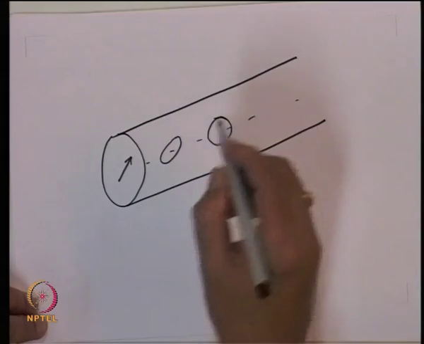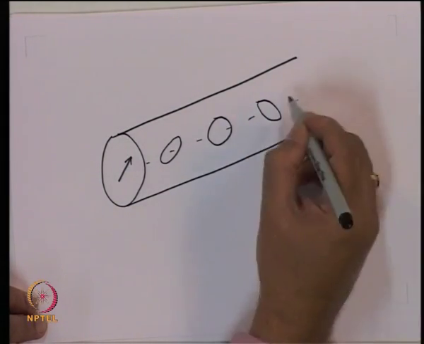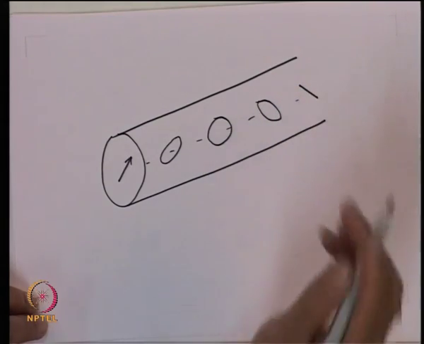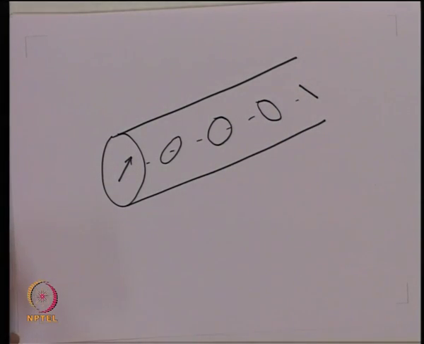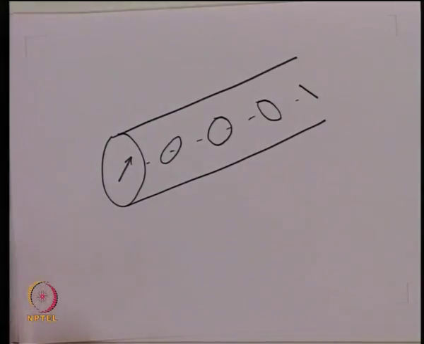Again the phase difference will increase, so again it will become elliptical, and linear, and so on. So, as the light travels along the optical fiber, the state of polarization will go on continuously changing. The distance over which this changes, we call the beat length of the optical fiber.